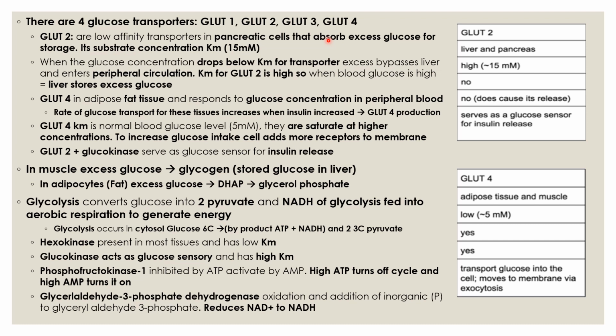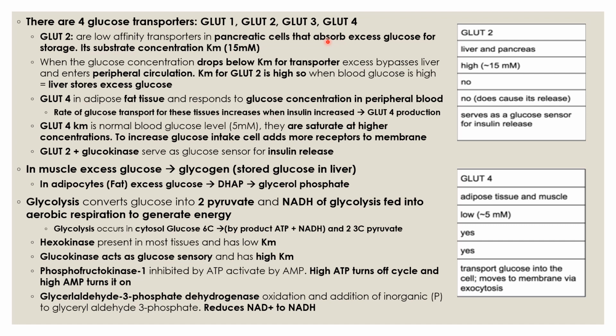And then next we have GLUT4. GLUT4 is what we're gonna be focusing on a little bit, in which it's found in adipose fat tissue and responds to glucose concentration in peripheral blood. The rate of glucose transport for these tissues increases when insulin increases, which increases GLUT4 production, because insulin is released when there is a high blood sugar, a high concentration of sugar in the blood.